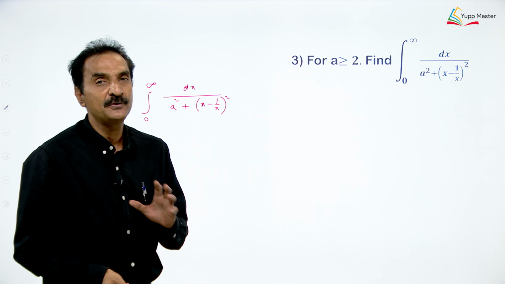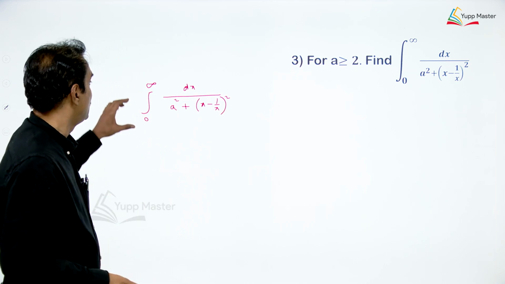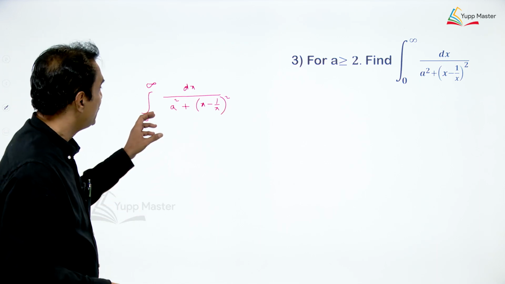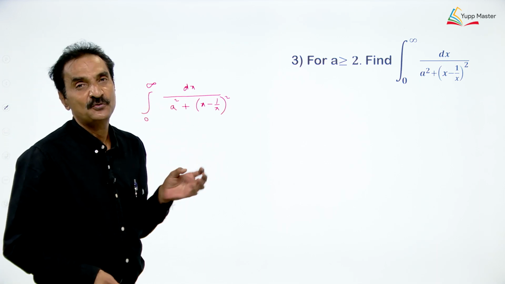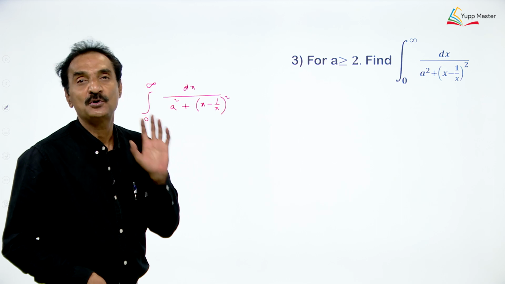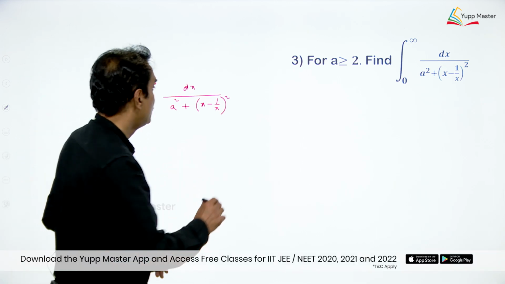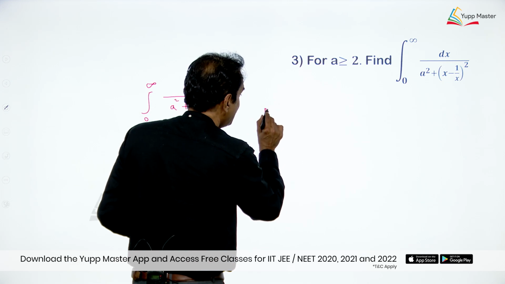Here I am going to give you one hint. Whenever the limits are 0 to infinity, then the usual substitution is put x is equal to 1 by t. Remember this. Okay. So, put x is equal to 1 by t.